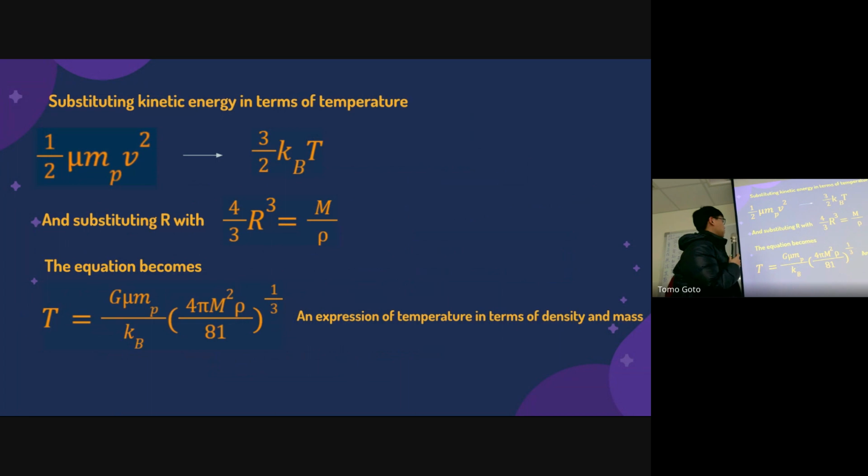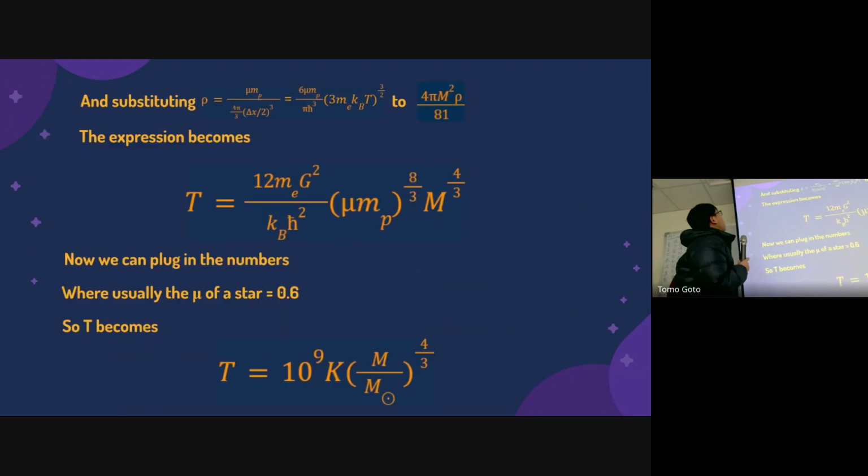And so we can get this equation where it is an equation of temperature in terms of density and mass, just by substitution. Okay. And then substituting that to there, the expression becomes this.